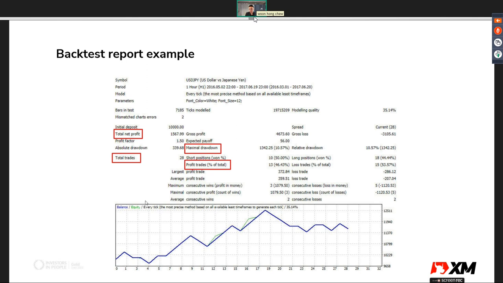So I think if this bot is only trading maybe 28 trades, it's a trend following bot. So it only follows when there's a breakout. Usually a breakout only happens on a high time frame, quite rarely.